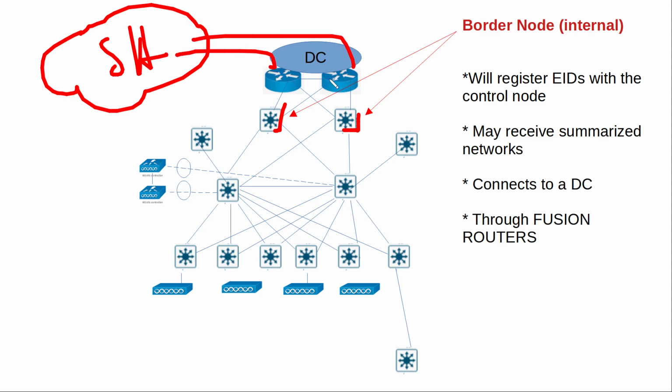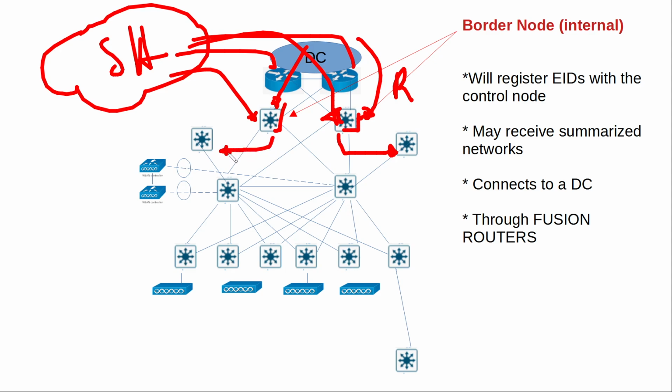In this case, when these border nodes receive prefixes arriving through routing from the data center or from your shared services block, what these border nodes will do is register these prefixes to the control nodes using map register messages.